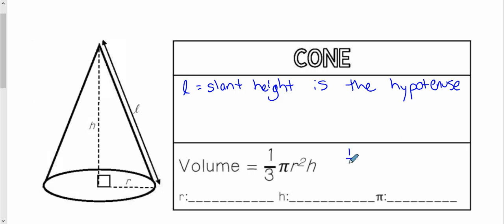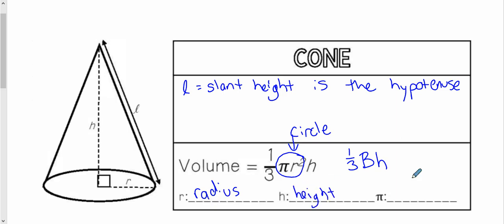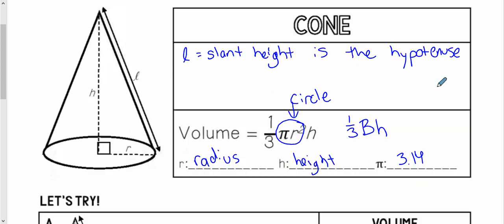Volume is still 1/3 the area of the base times the height. The area of the base here is a circle. R is the radius. H is the height of the cone. And pi is about 3.14. That's a good number to use. Then you don't have to worry about rounding.